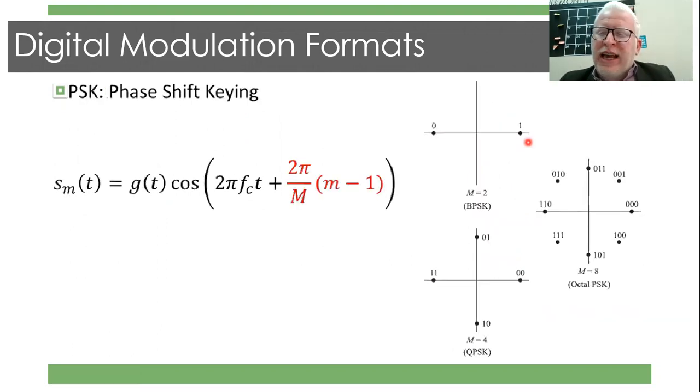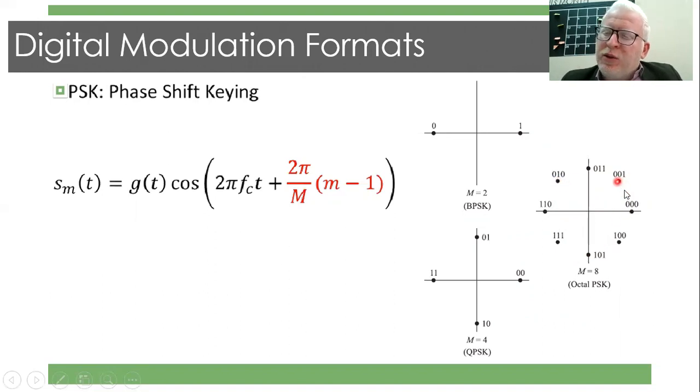The other one is what's called phase shift keying, whenever you are changing the phase. By increasing the number of symbols, you are using the same amplitude. As you can see, all these points are on the same circumference of a circle, so all these points are equidistant from the origin. That's why we call this phase shift keying, because you change the phase with a constant amplitude for all symbols.